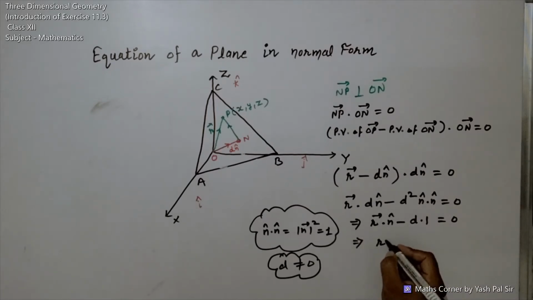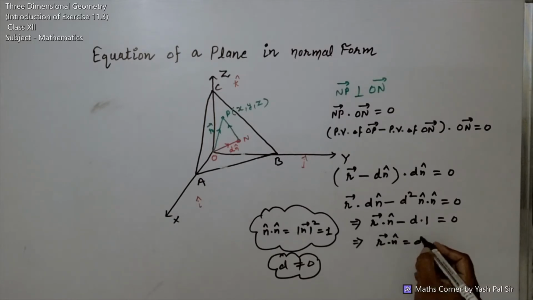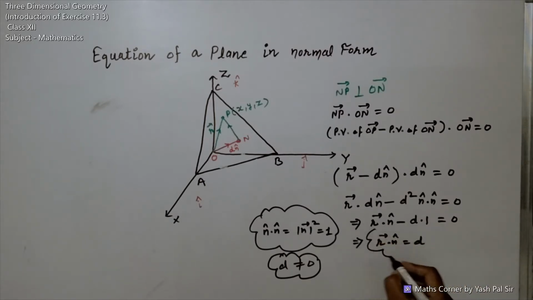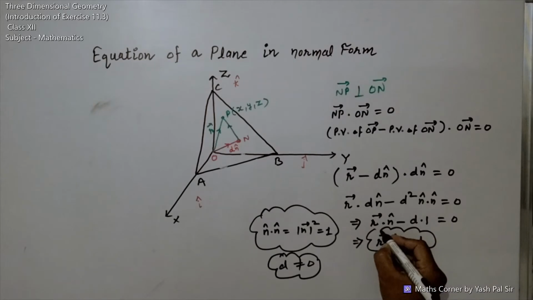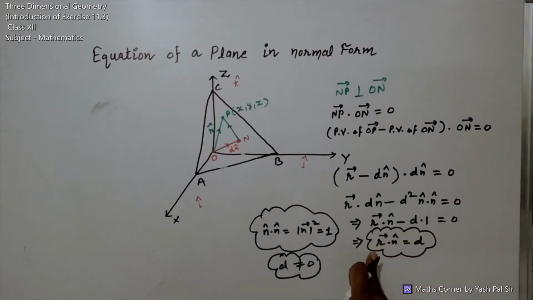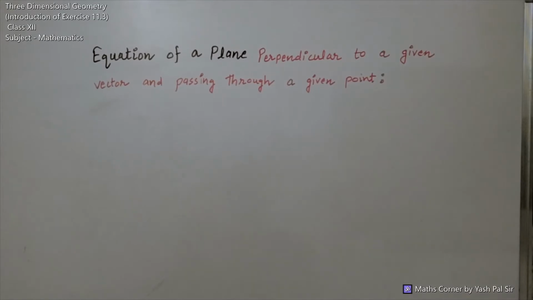So this way we have r dot n cap is equal to d. So this is the equation of the plane in normal form.